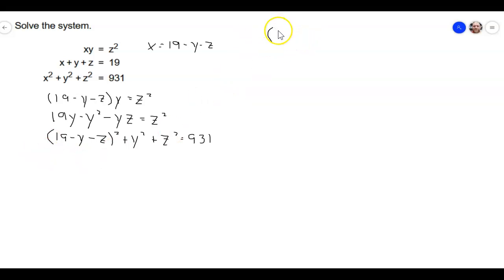So that is 19 minus y minus z times 19 minus y minus z. Alright, so let's just start with this one times that, times that, times that.